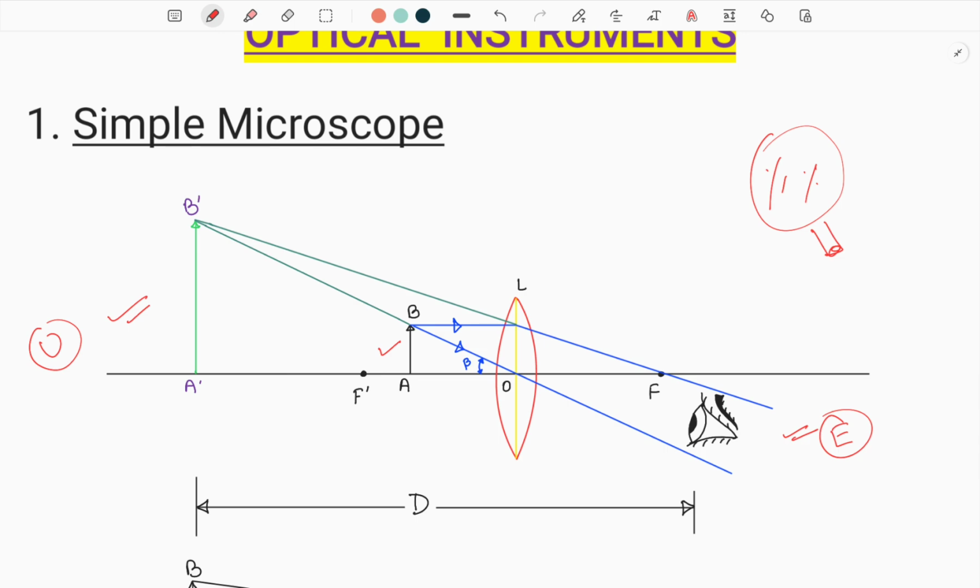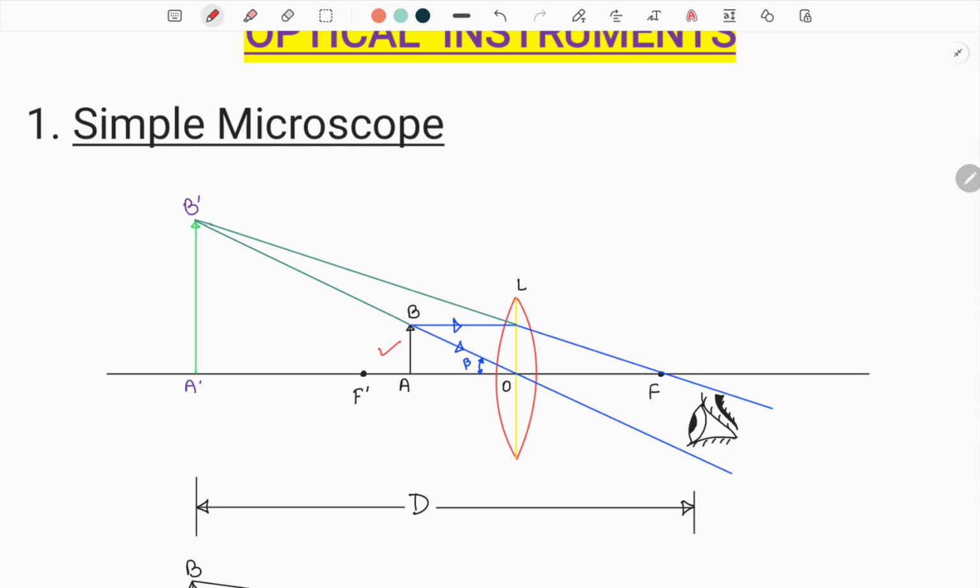When you place the lens very near to the object, you will get a magnified view, that's A'B'. To get a clear view, we have to put our eye at the least distance of distinct vision, which is 25 centimeter for a normal eye. So this is how the simple microscope works.